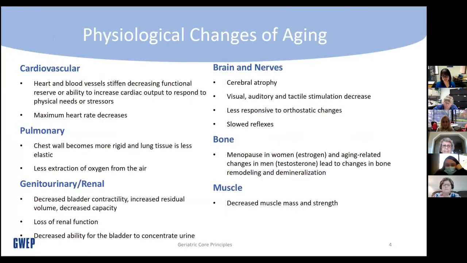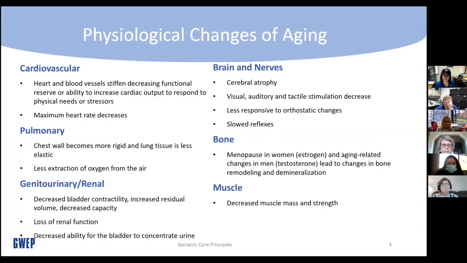So there are changes that occur as we get older, and this is probably a list that you've seen already in some of the other videos, but each of our body systems does change, and we have less homeostasis. We have less ability to balance, maintaining our function with the insults that occur to our body every day.